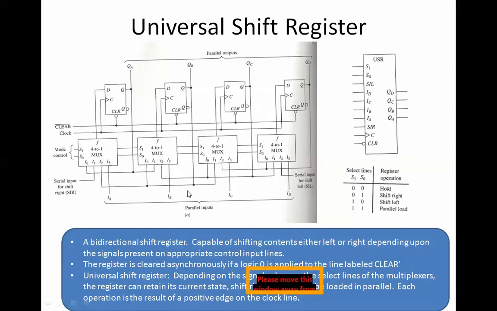Now, the connections between the flip-flops and the mux are important. The output of the mux is connected to the input of each flip-flop. That is common. And the external inputs are only given at I3. Your I0 is connected to I1.